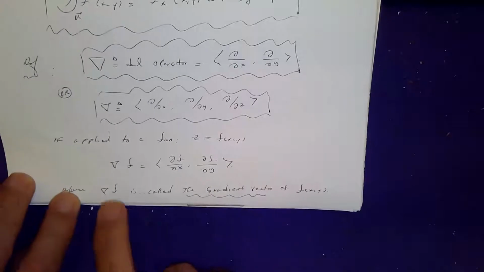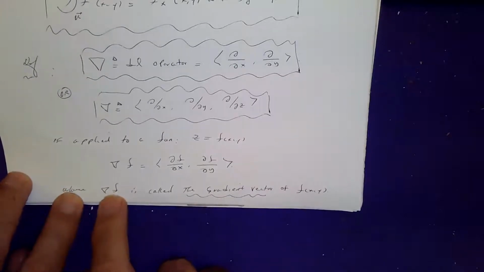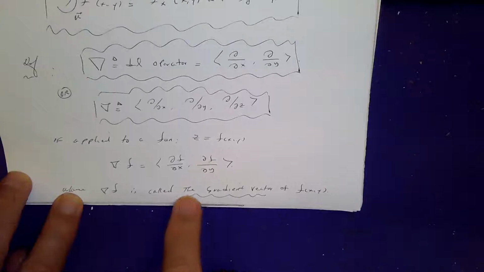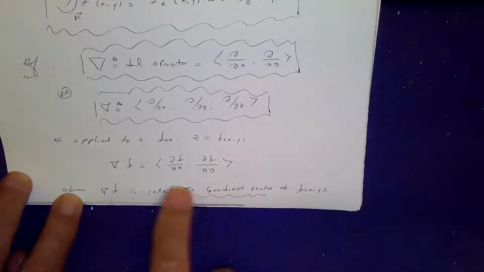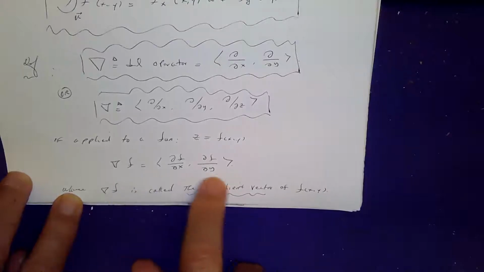So this notation, del f, is called the gradient vector of the function f of x, y. This is called the gradient vector.